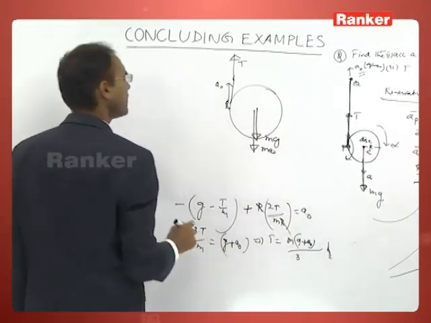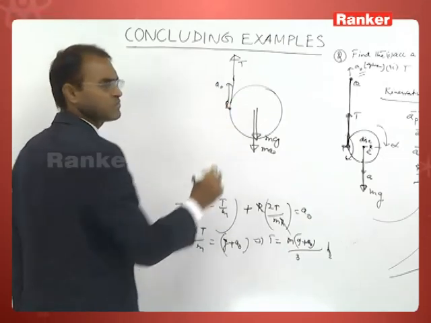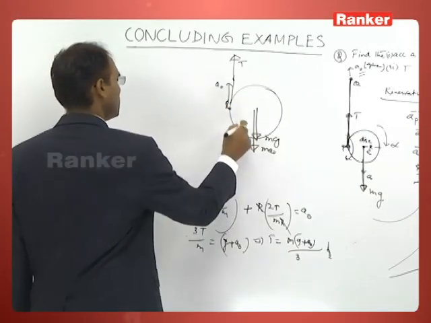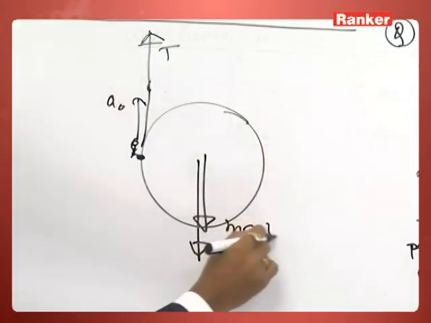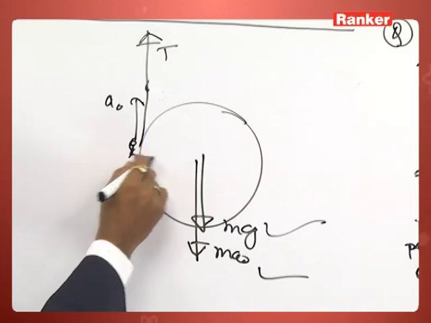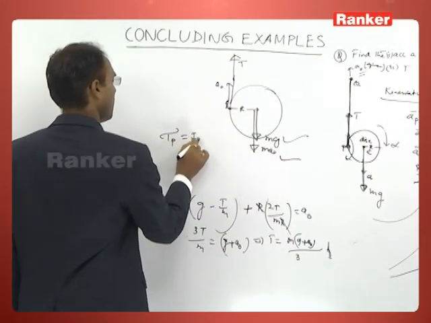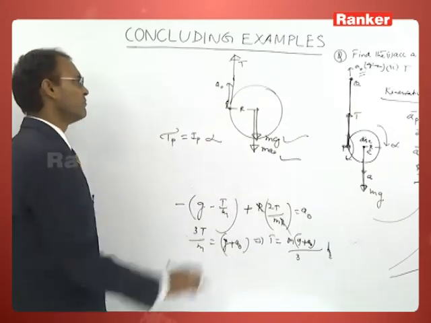So here the force equation, or you can take the torque about this point. In addition to the torque of the real force gravity, you would take the torque of the pseudo force about this point to get tau p is equal to Ip into alpha. Method number 2.